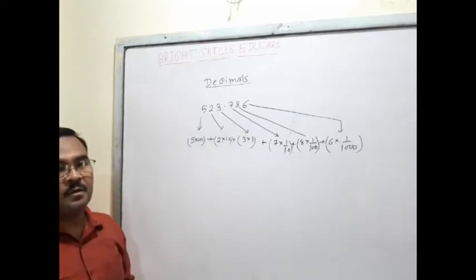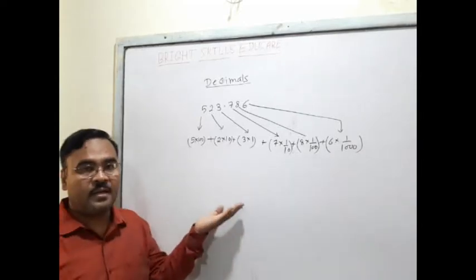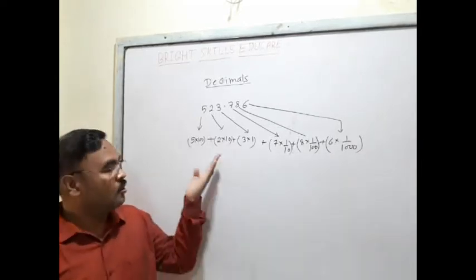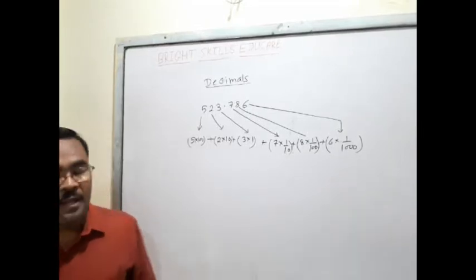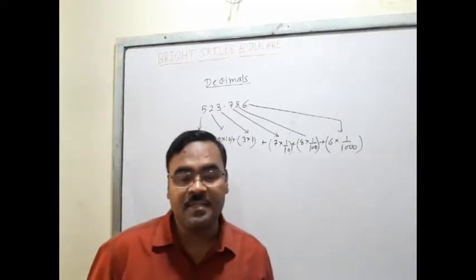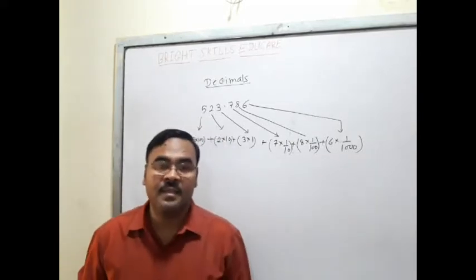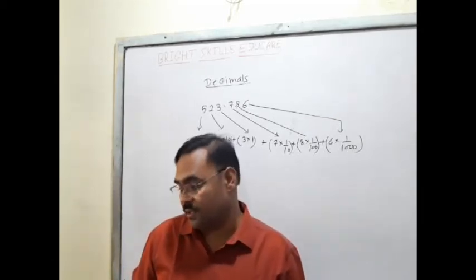You understood how to expand a number? You have done it in 5th standard, 6th standard. So this is expansion of a number. On the basis of this, now we are going to do addition and subtraction of decimal numbers, then multiplication and division of decimal numbers.